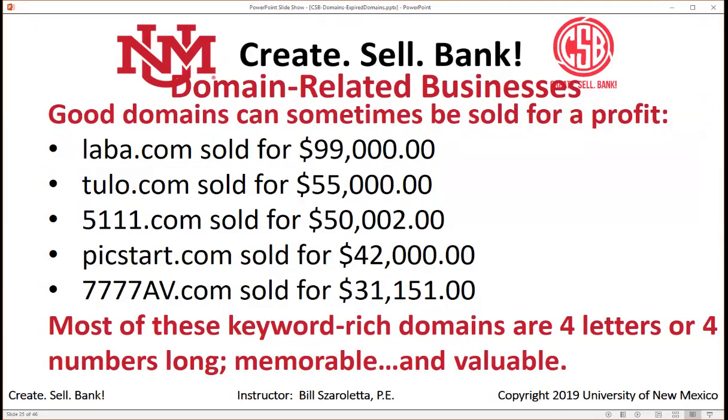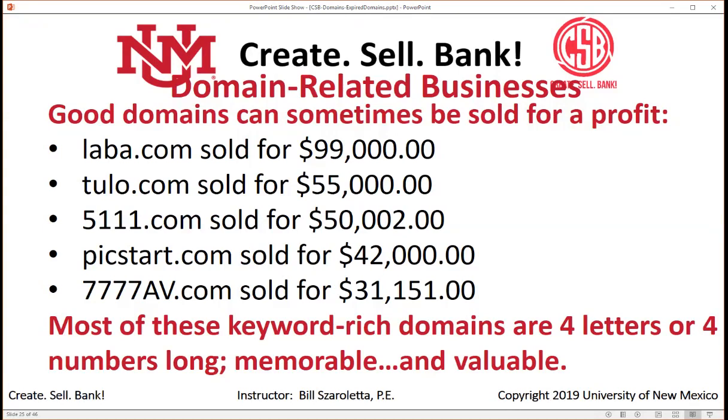So it's, again, memorable, keyword rich, and easy to type. LABA.com, 99,000, TULO.com, 55,000, 5111.com for $50,002.